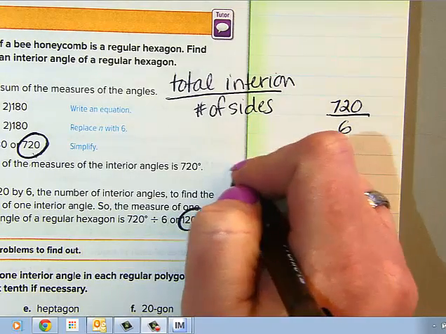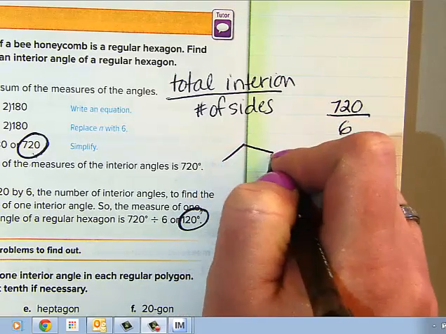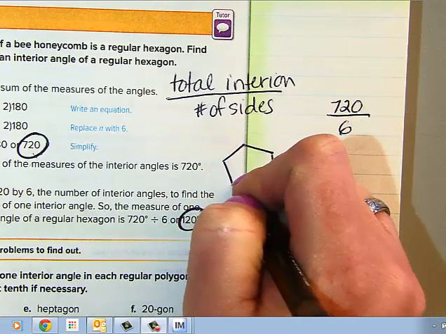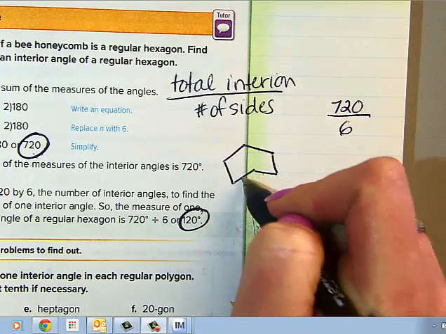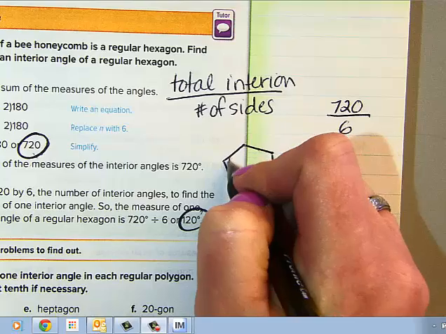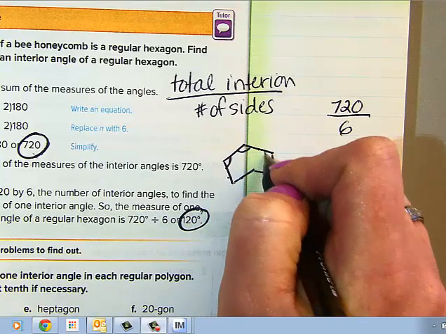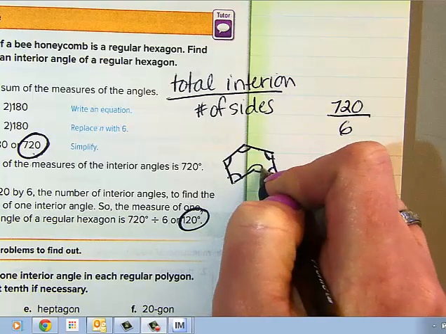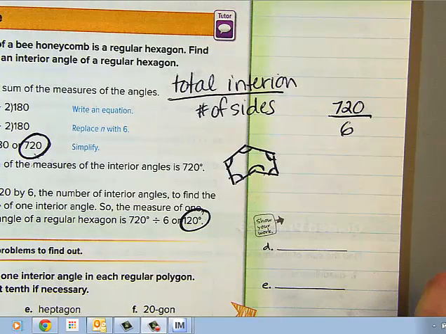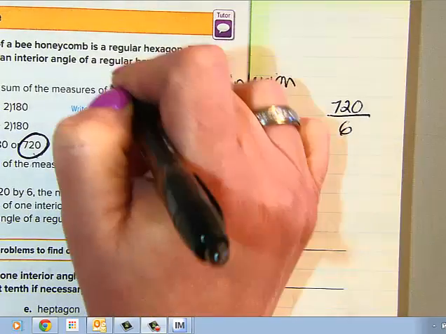So if we had a 6-sided figure, one, two, three, four, five, 6, that means that each of these would have to equal 120 in order for it to be a regular hexagon.